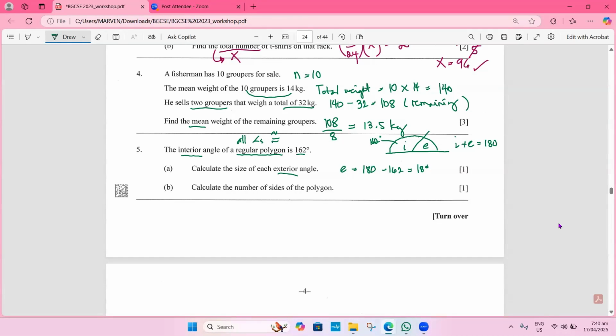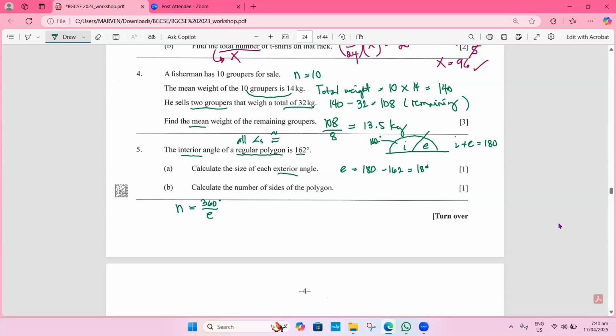Now, another formula, if the polygon is regular and you have the exterior angle, you can compute for the number of sides. So let n be the number of sides. It is equal to 360 degrees divided by the exterior angle. Again, this is a formula.